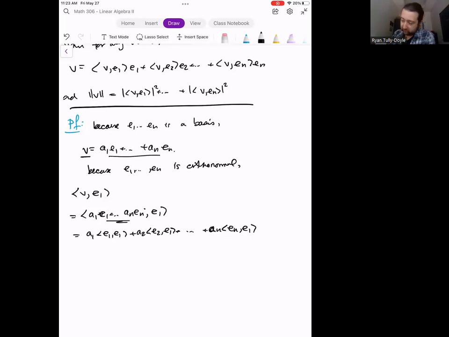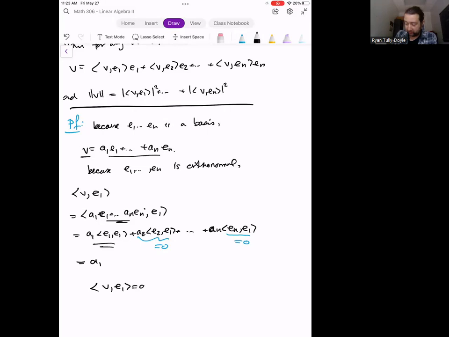So all of these terms are 0, because the inner product of E2 with E1 is 0, because E2 and E1 are orthogonal to each other. And E3 and E1 are orthogonal, and all the way up to En and E1 are orthogonal. All of these terms are 0, and what you're left with at the end is just this. But E1 is also a unit vector, so its inner product with itself is 1. So the consequence of all this calculation is you get A1. That is to say, V comma E1 is equal to A1.